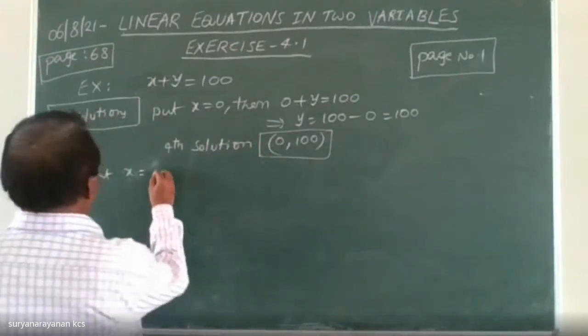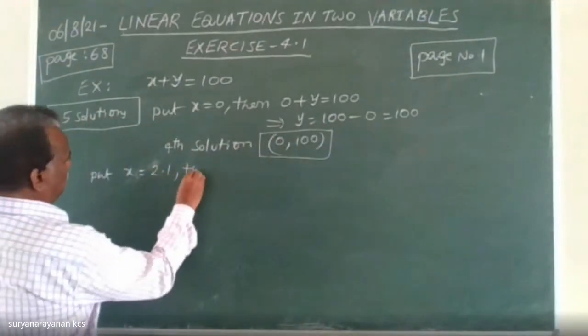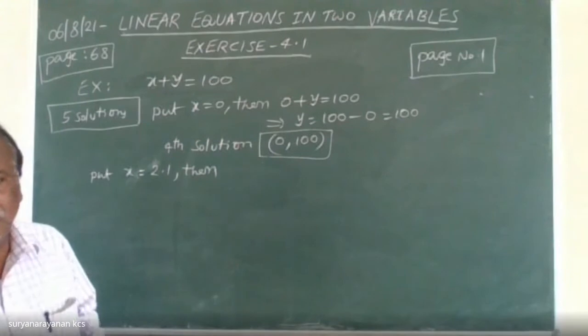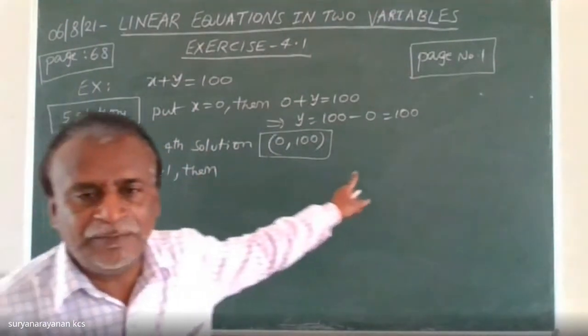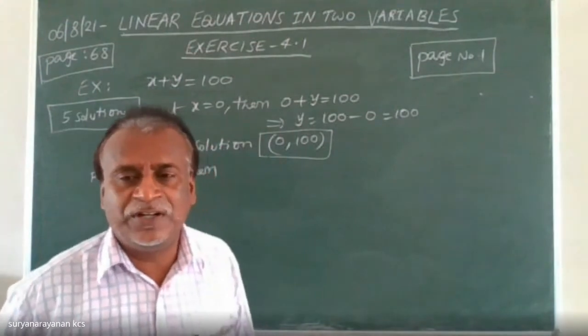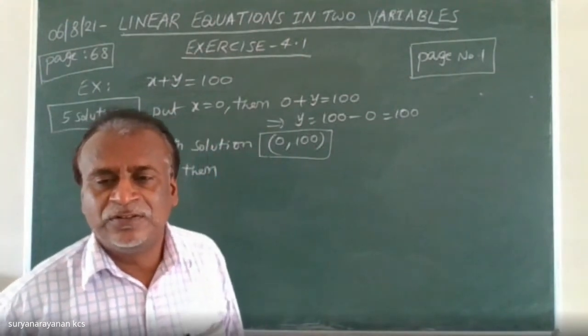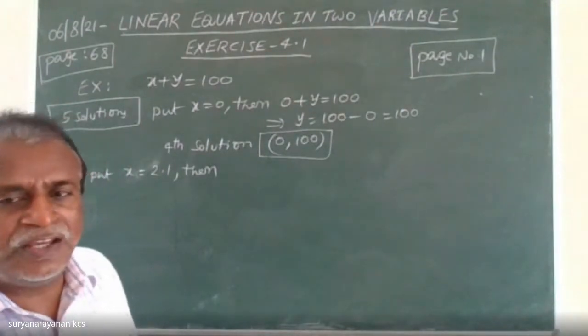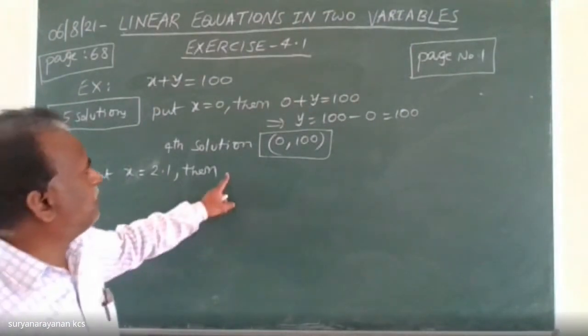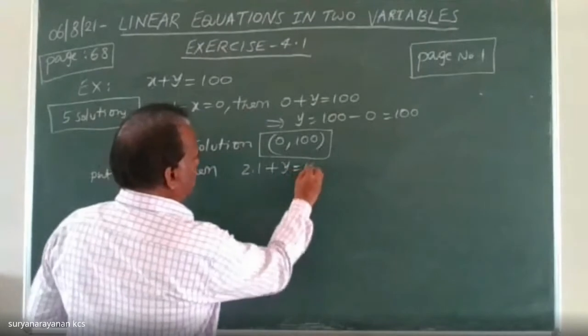So 2.1. Yes, 2.1. Then tell me the equation. If you substitute x is equal to 2.1, what is the equation you will write here? Sir, 2.1 plus y equal to 100.